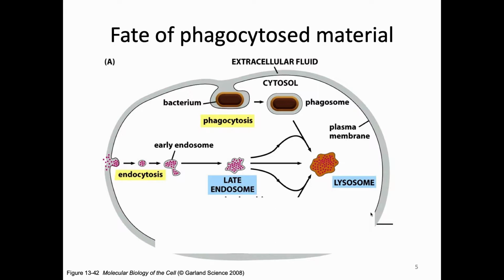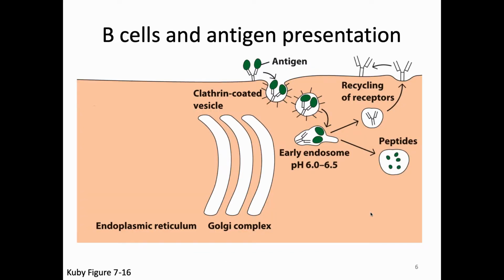It turns out that B cells can bind antigen using their B cell receptor, and that can induce endocytosis of the receptor as well as the antigen that is bound to it. This process is officially called receptor-mediated endocytosis, because the thing binds a receptor, and that makes it do endocytosis.